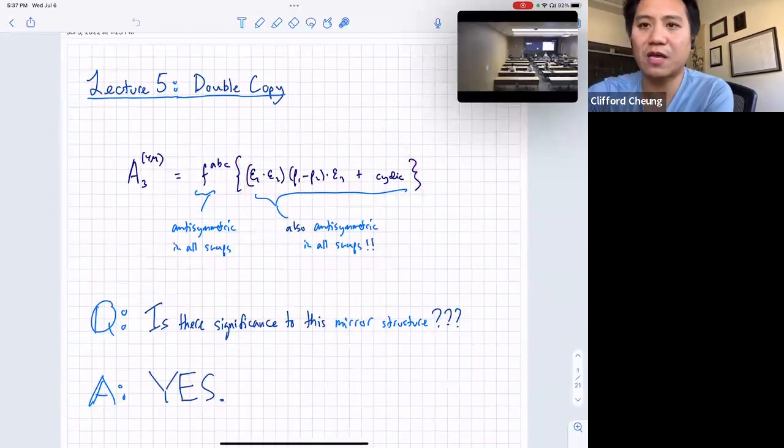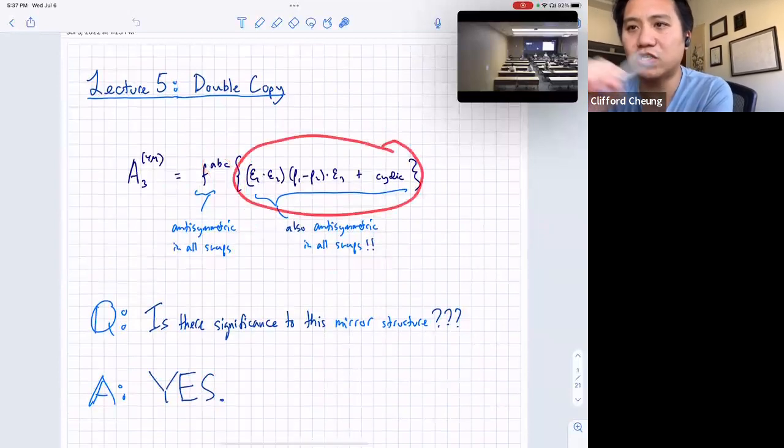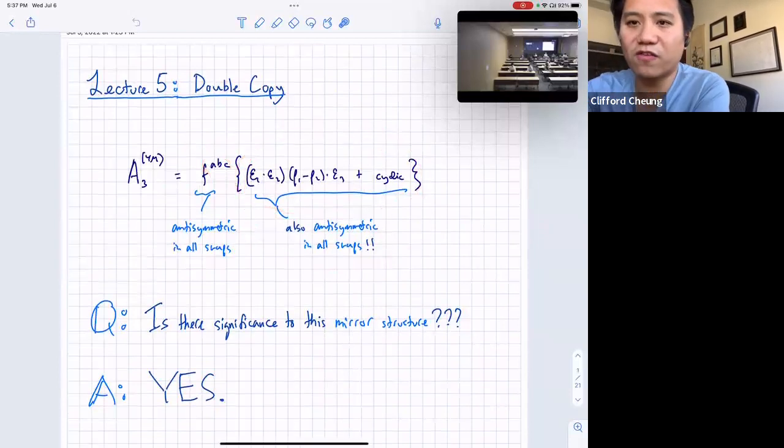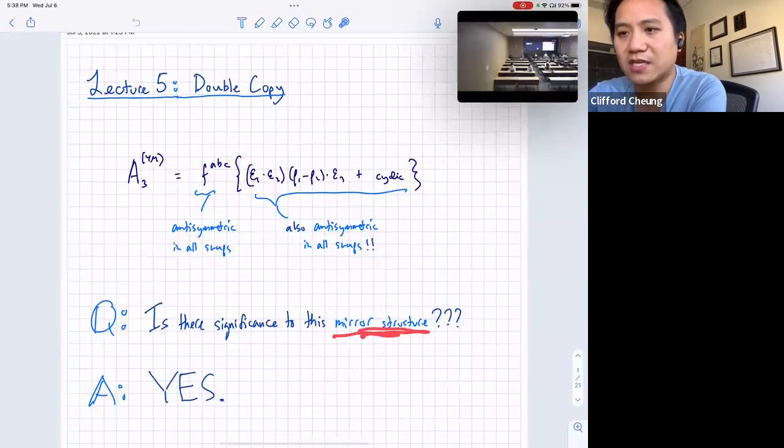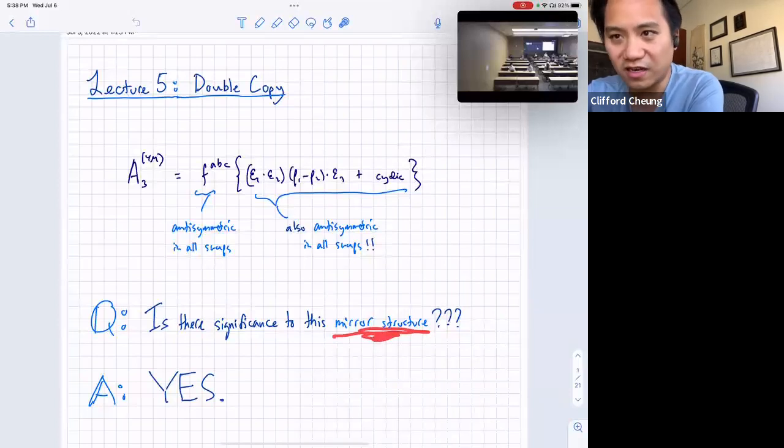By symmetry properties, I mean if you swap A and B, you get a minus sign. Here, if you swap 1 and 2, you get a minus sign. They're both fully antisymmetric and exactly the same. Of course, this is a very nice mirrored structure. In other words, the kinematics and the color have exactly the same combinatorial properties under swapping.